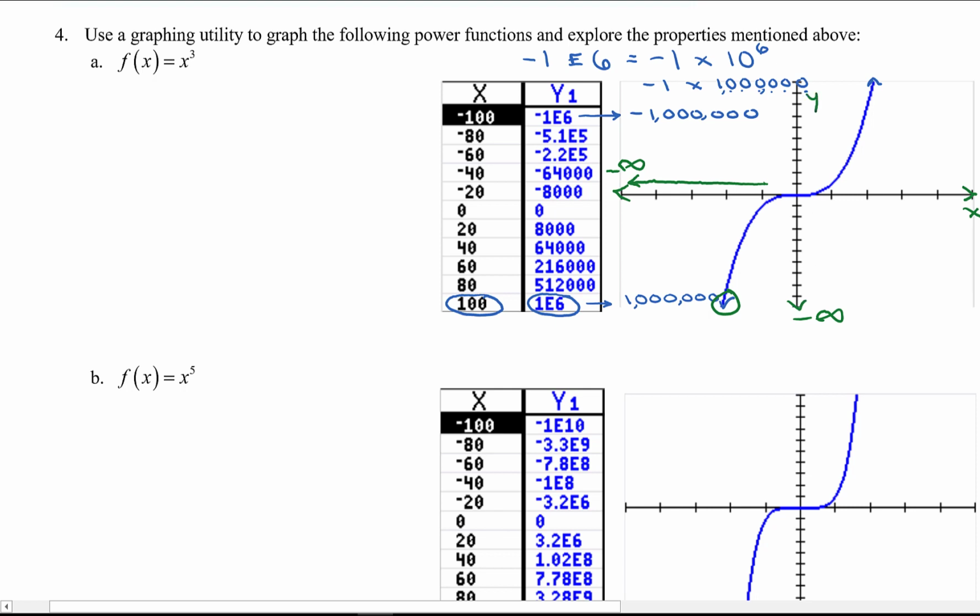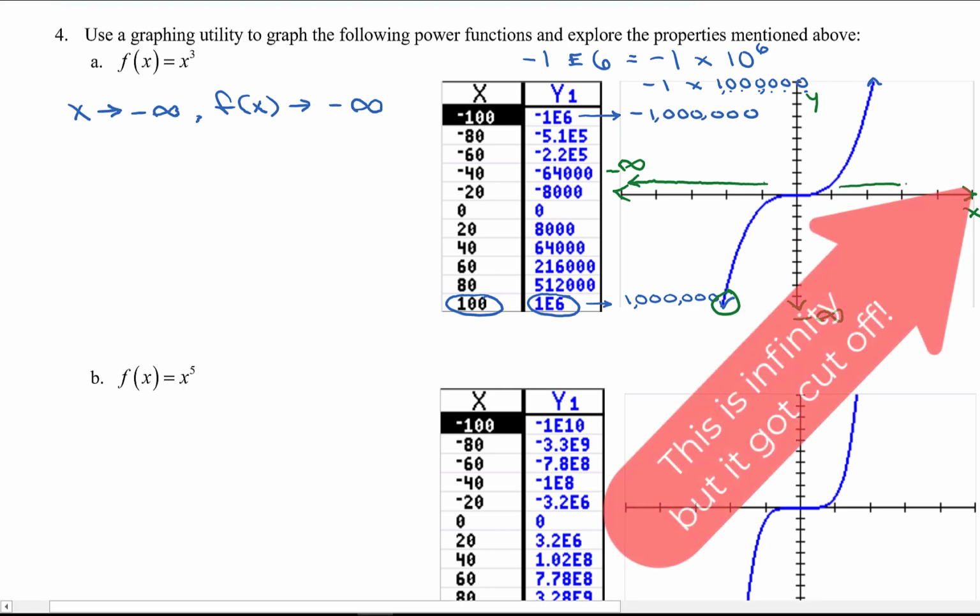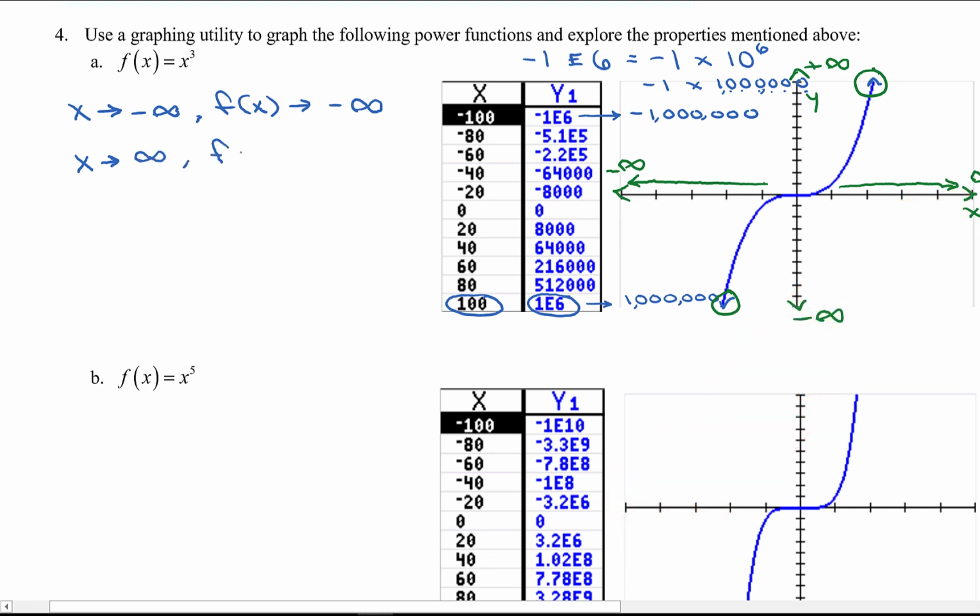So I can see that as x approaches negative infinity, f of x approaches negative infinity as well. And as x approaches positive infinity, it looks like our function is also going to approach positive infinity. So let's write that down. As x approaches positive infinity, f of x approaches positive infinity.